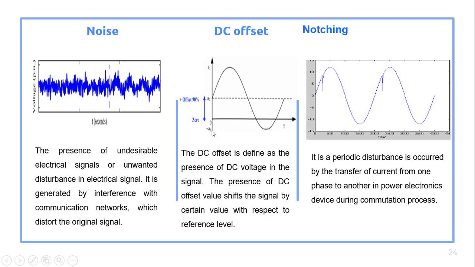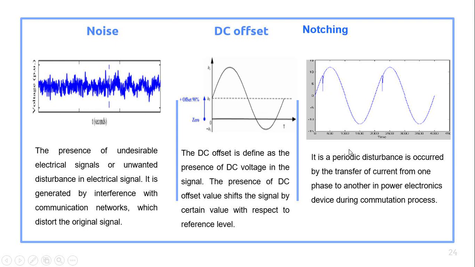Here the signal is supposed to start from 0, but due to the presence of the DC offset, it starts from here. This magnitude is known as the DC offset, and it is added to the main signal and shifts the waveform to that level.